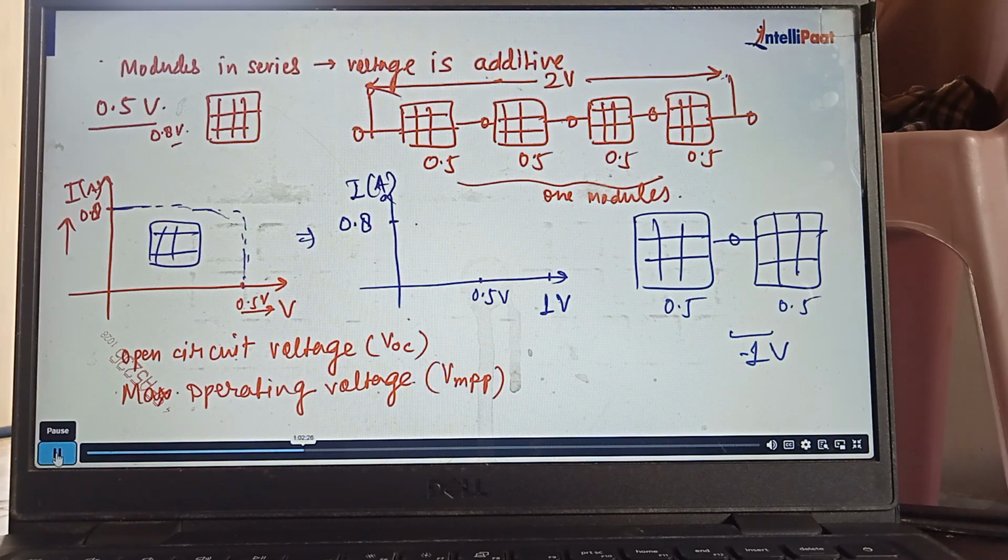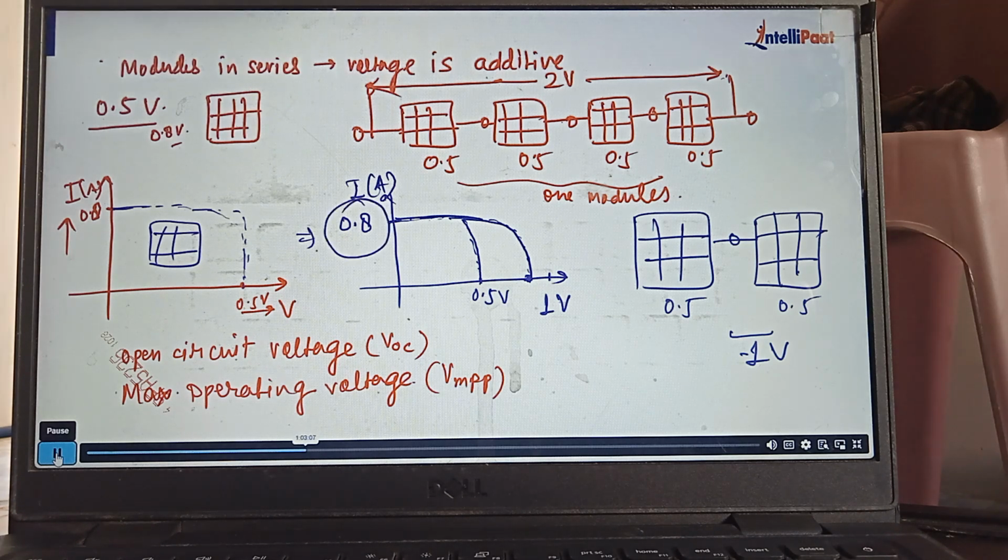From 0.8, the current remains the same, but as we move toward the voltage side, the characteristic changes. Are you able to follow? The current does not change from the characteristic point of view, but the voltage changes as the 2 cells are connected in series.